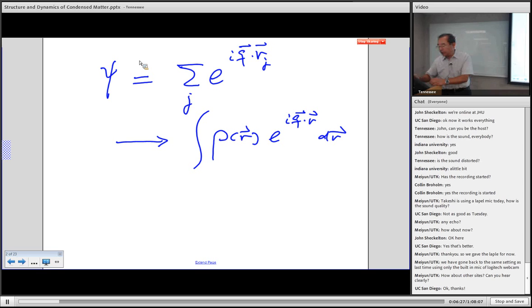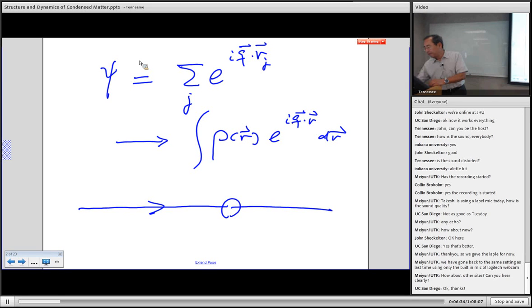So in order to do the experiment, you have to make a very well collimated beam, and measure this at a very, very small angle. Quite often, the detector is very far away from the sample to catch a small angle. And of course, small and large are relative. We're usually talking about the order of a degree or less.